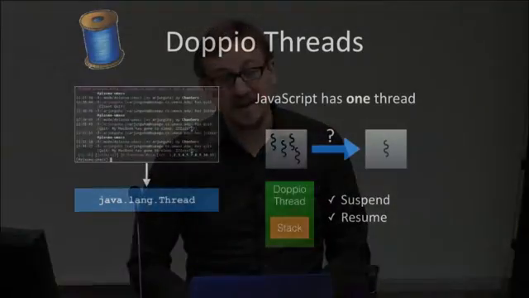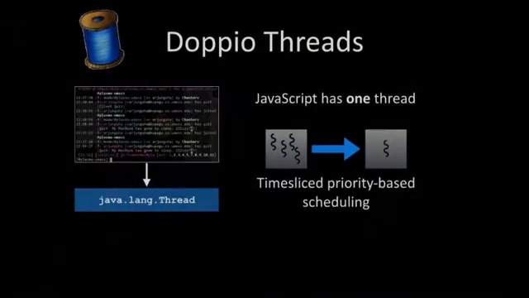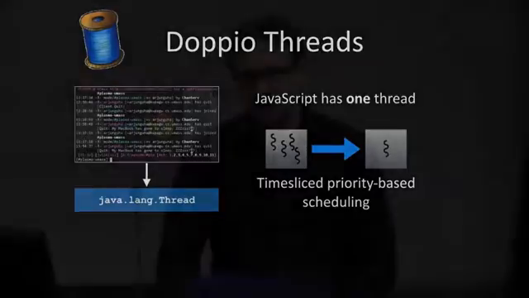First off, Doppio threads require language implementations to explicitly manage their stack state. This allows Doppio threads to suspend execution by saving the stack information into a JavaScript object and resume later using the saved stack. On top of this basic mechanism, we build a time-sliced, priority-based thread scheduler that adjusts its quanta dynamically for responsiveness.